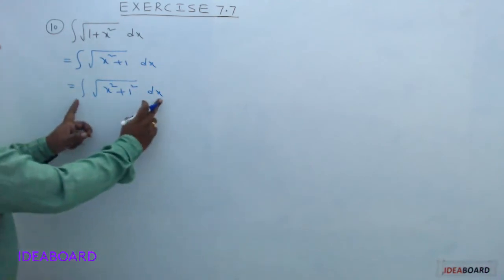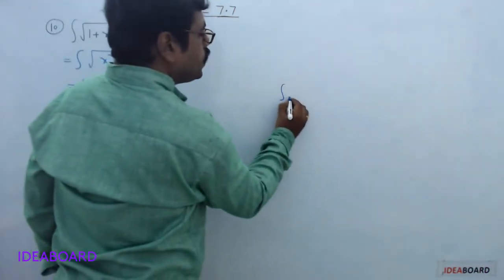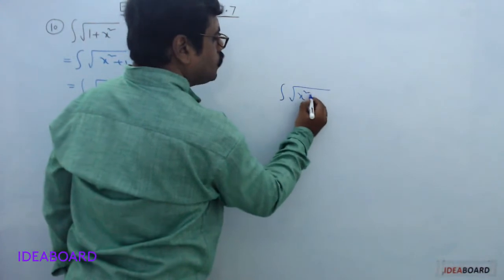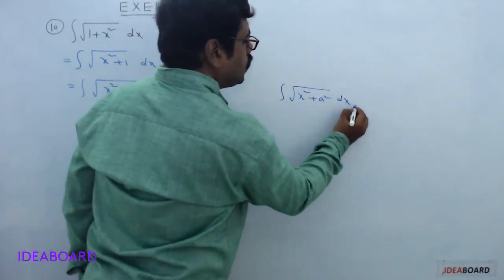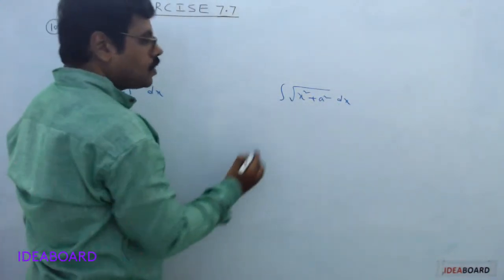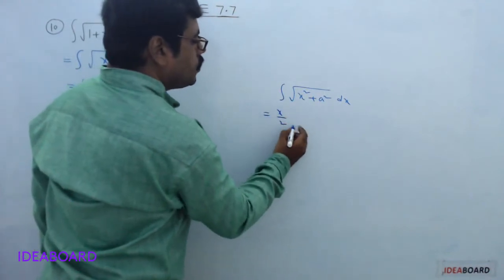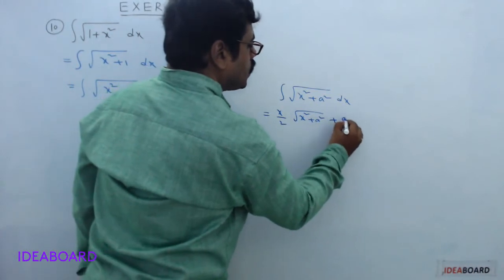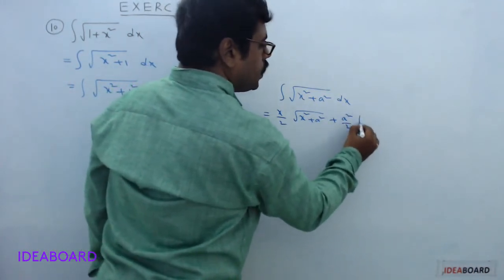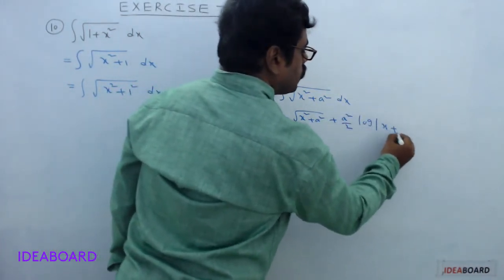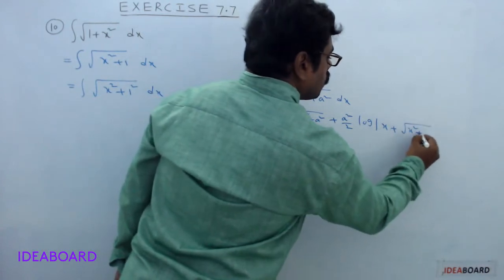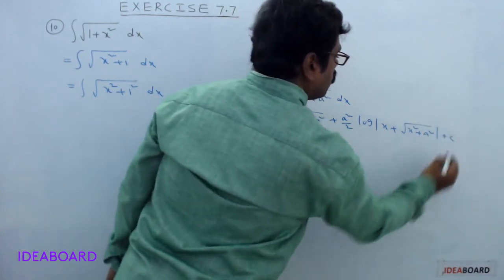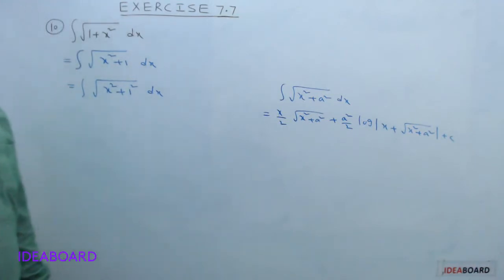Now clearly this term is of the form integral square root of x square plus a square dx. What is its formula? X by 2 into square root of x square plus a square plus a square divided by 2 into log mod of x plus square root of x square plus a square plus a constant c.